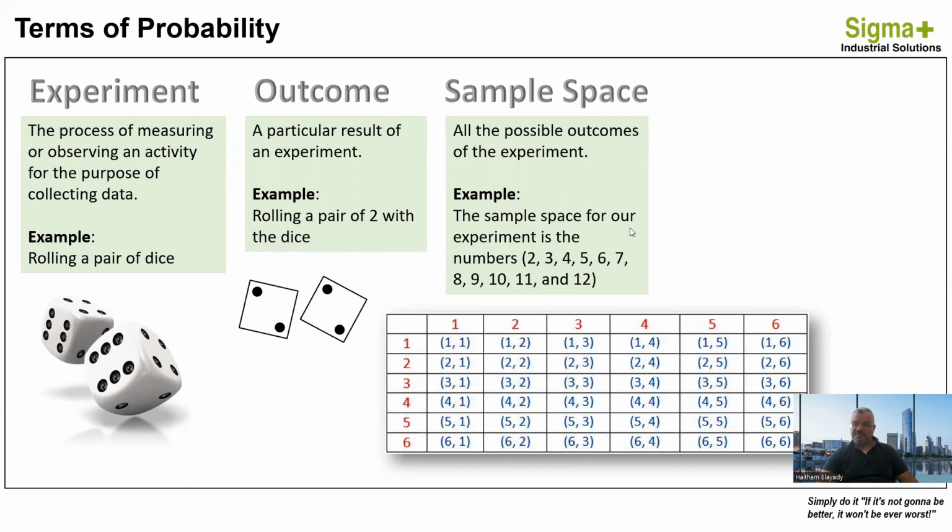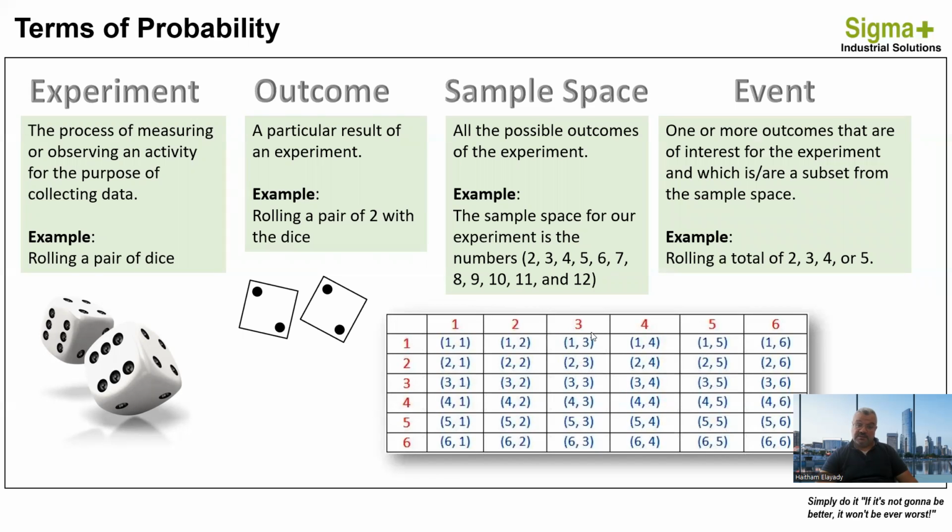That means that the sample space for our experiment will be the numbers 2, 3, 4, 5, 6, 7, 8, 9, 10, 11, and 12. And what could the possible outcomes be? All the possible number combinations on both dice, such as 1 and 1, 2 and 2, and 3 and 2, and so on.